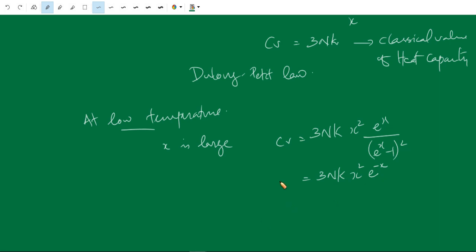So we have discussed already the Einstein model of heat capacity, and also we have discussed the Debye model of heat capacity in the last lecture, and we have seen the special cases of the heat capacity, that means at low temperature and at a high temperature in all these two cases.